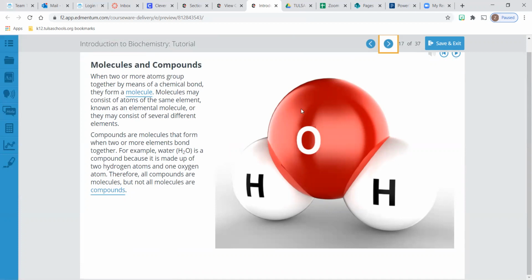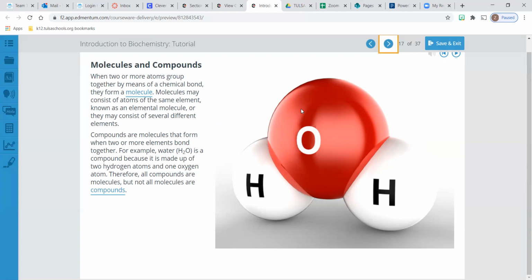Molecules and compounds. So the fun thing, this is where things get interesting, okay? If things are not interesting yet for you, oh boy, then buckle up, right? A molecule is when 2 or more atoms group together by means of a chemical bond.